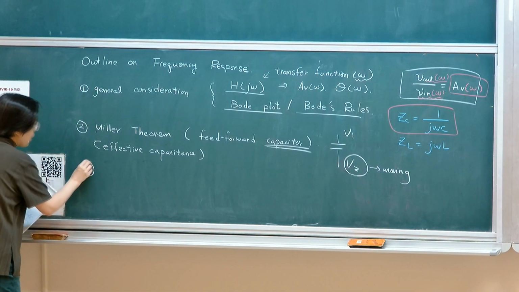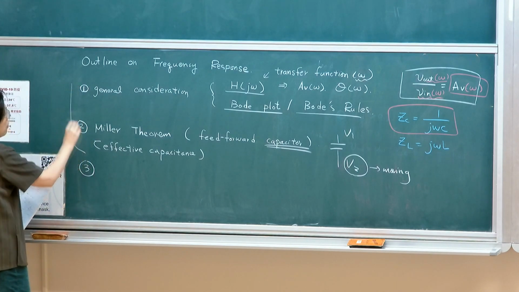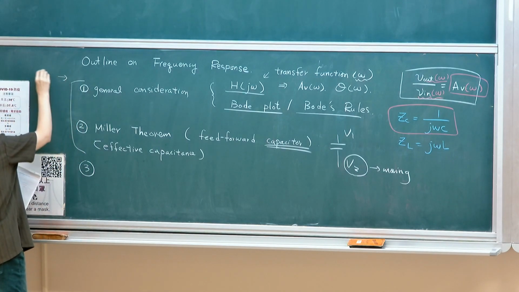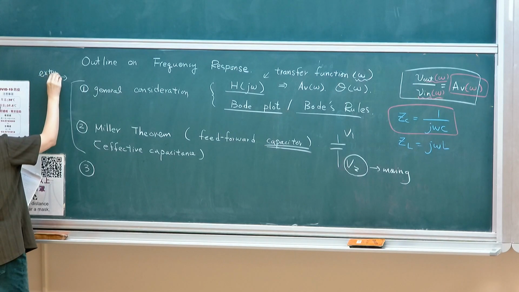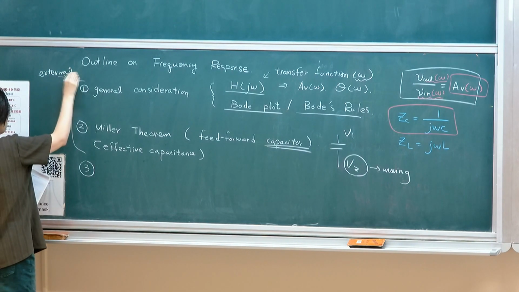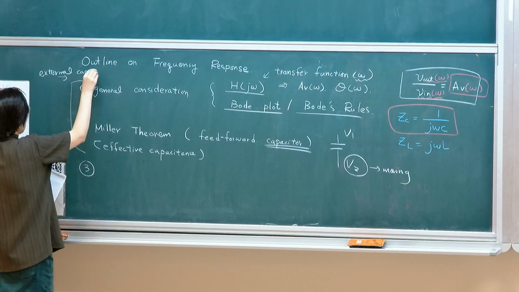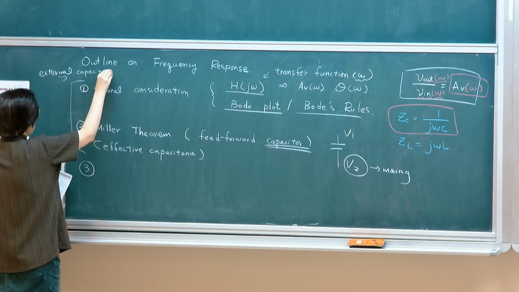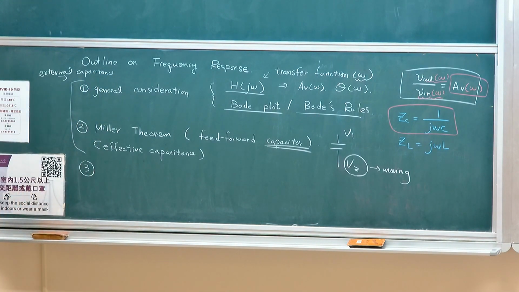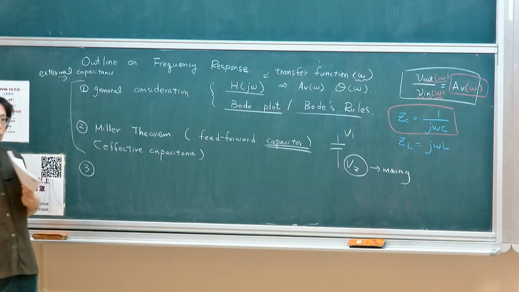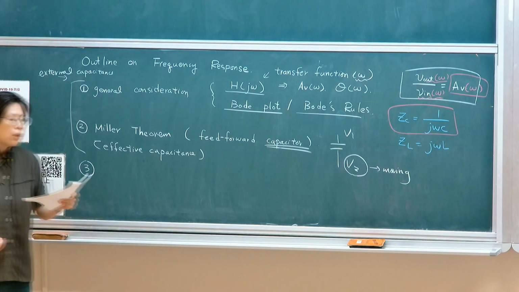And then in this part, we're going to consider mostly external capacitance you add to control your overall frequency response. So you can add these capacitance components to make your circuit function the way you want.